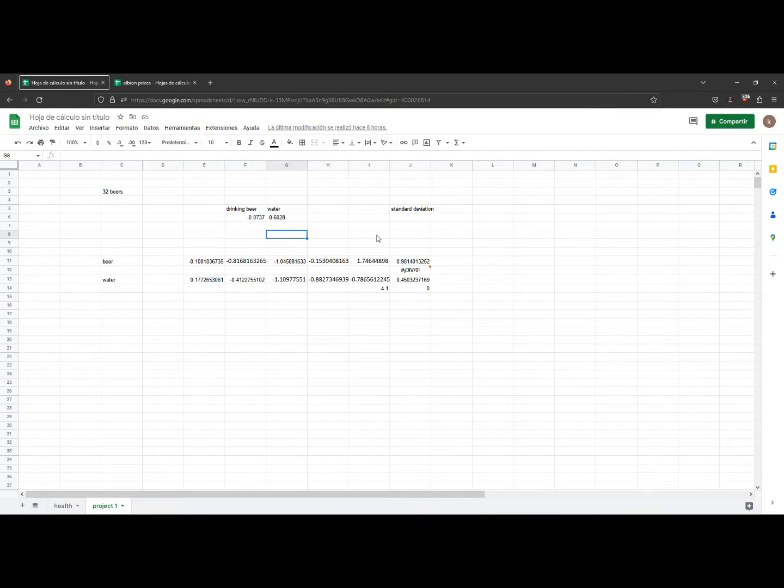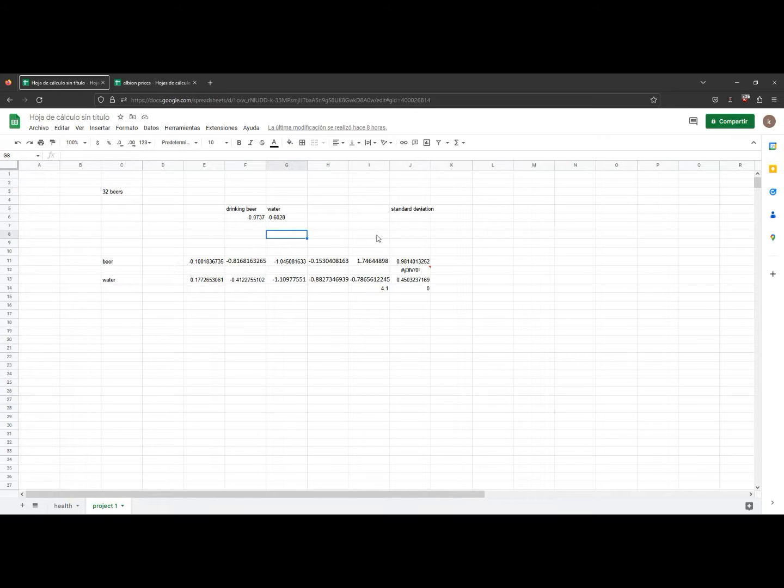So your standard deviation is from the 5 data points of when I didn't drink beer, right? No, when you drank beer. So the standard deviation is from 5 points when I did drink beer. Yeah.